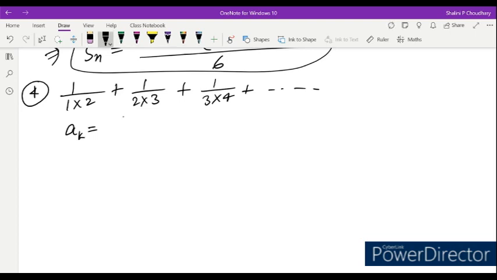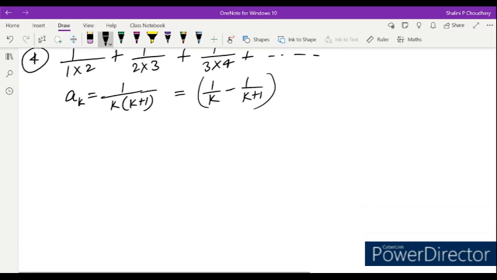Kth term will be 1 upon k into k plus 1.